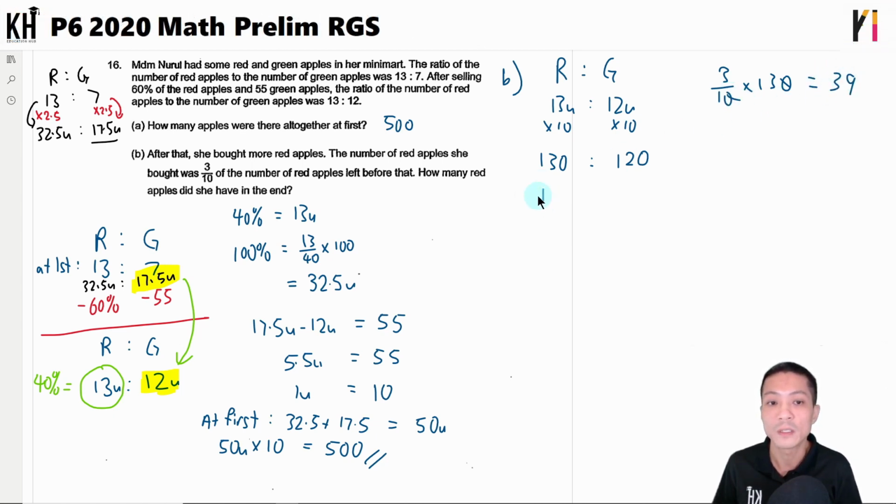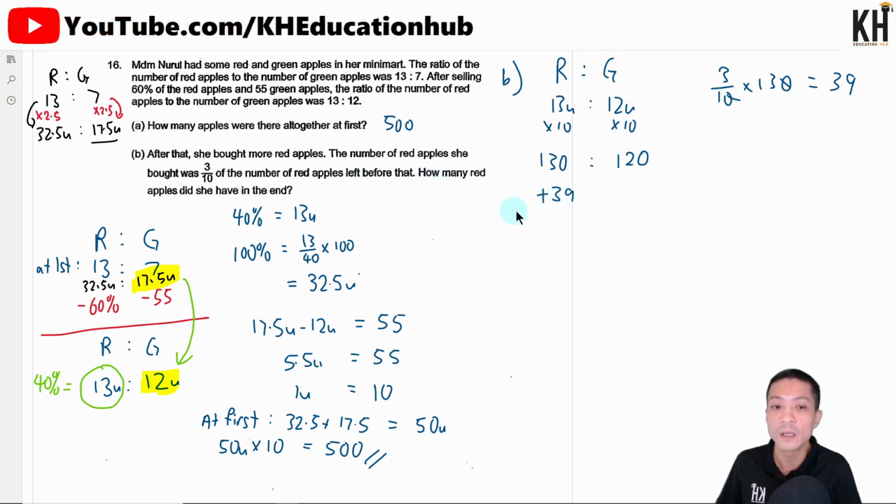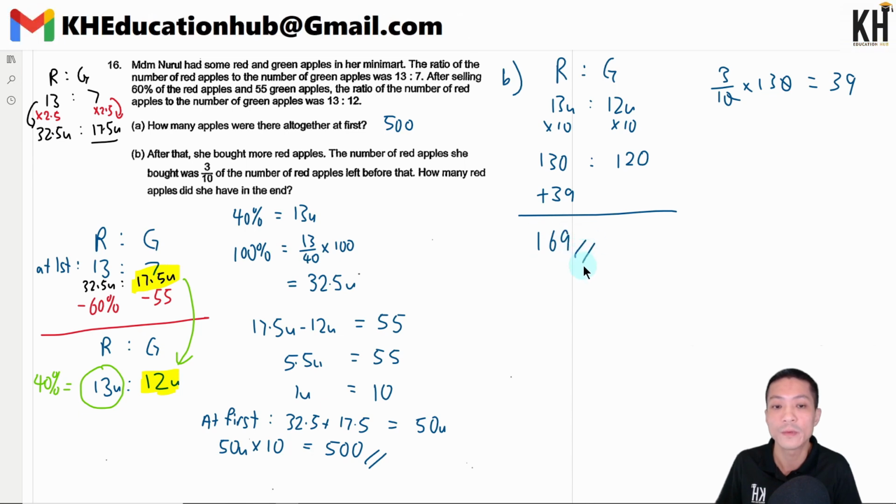That means she bought 39 more red apples. Let's double check. The number of red apples she bought was 3 over 10 of the number of red apples left. Okay, so how many red apples did she have in the end? It will be 169 red apples.